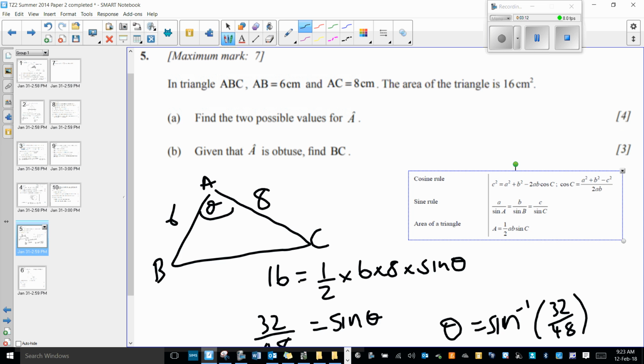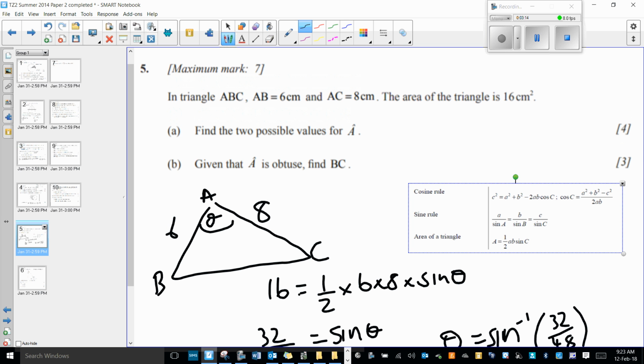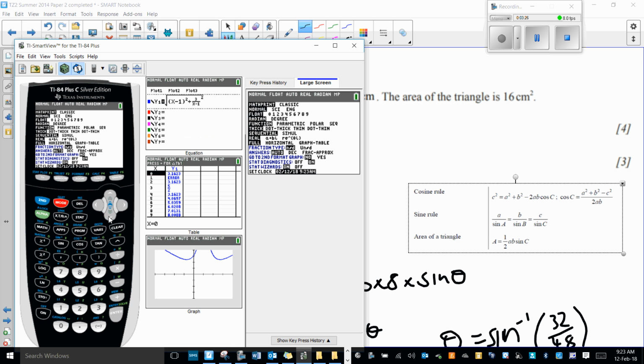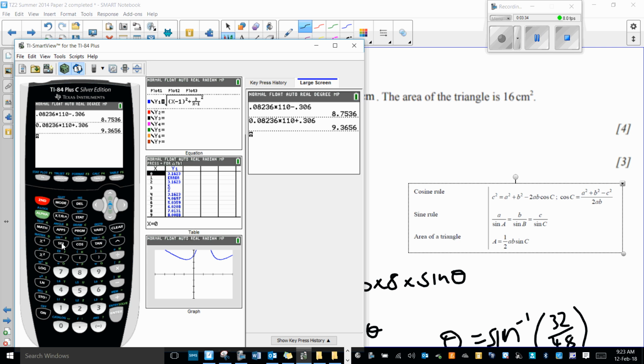It doesn't say if it wants it in degrees or radians, so it doesn't really matter which one you use. I personally prefer degrees, so I'm going to change my mode to degrees. So 32 over 48.